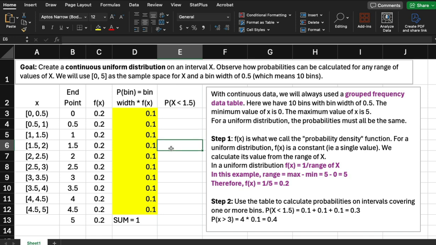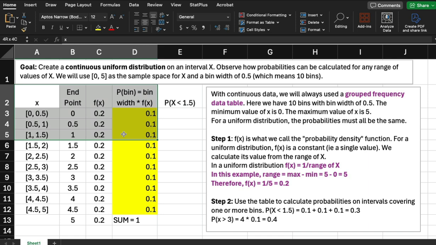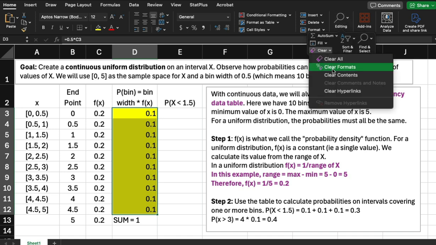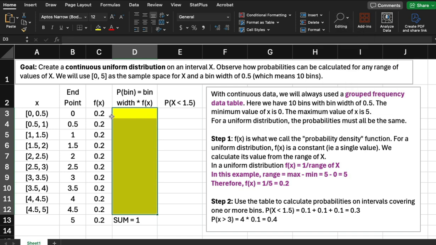Today, though, we're going to complete a grouped frequency data table that would represent a continuous uniform distribution. So I'm hoping that it will help to clarify some last minute confusion, or some points that you might not have been 100% clear about.